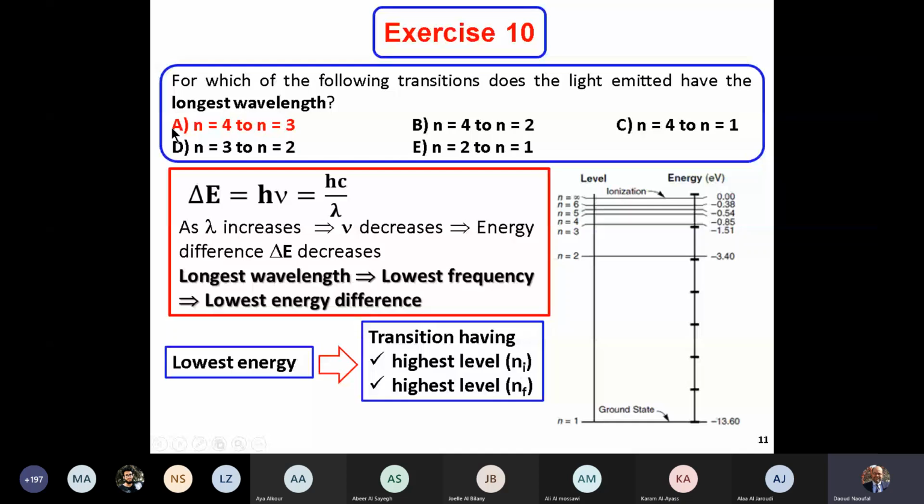Because in A we have the highest n initial, and we have the same n final.